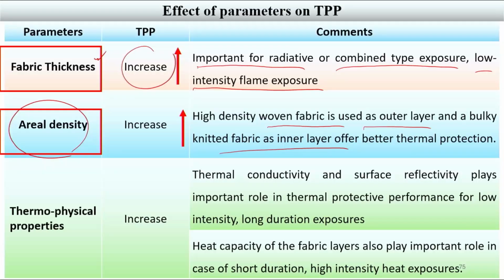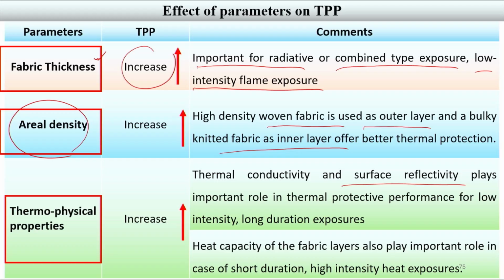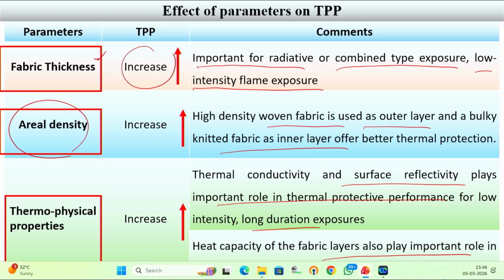And thermophysiological properties, thermal conductivity and surface reflectivity play an important role in thermal protection for low intensity and long duration exposure. Surface reflectivity is very important, and heat capacity of the fabric also plays an important role in case of short duration.